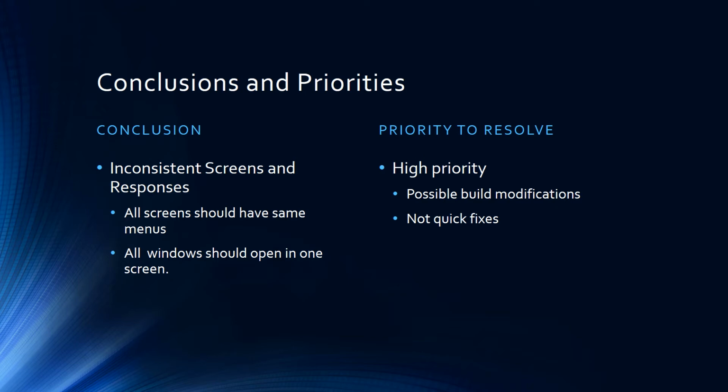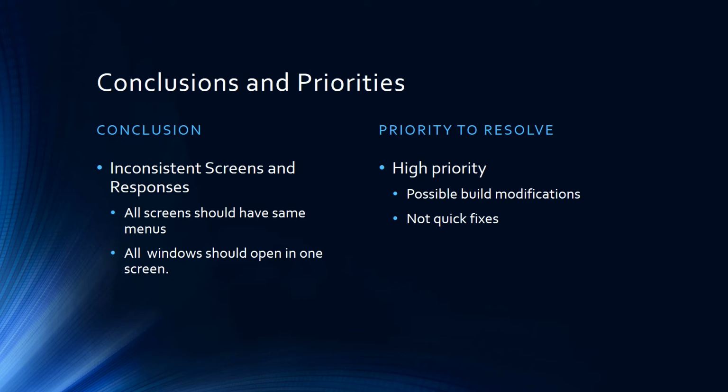The next recommendation category is inconsistent screens and responses. This is a high priority item, but it is expected to take more time due to potential build modifications that might be needed. Screens need to be consistent throughout and have all the same menus in the same locations. Some screens did not contain the menu items and confused the users.